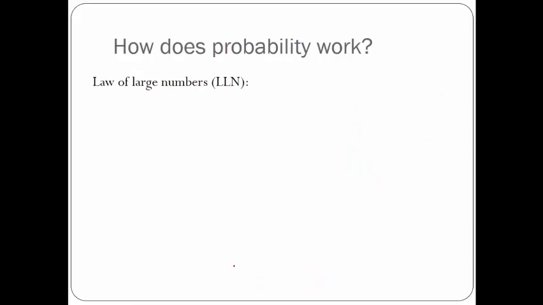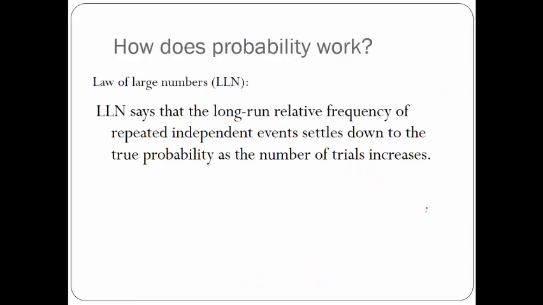But what it's telling us is that in the long run, the law of large numbers tells us these things are going to settle down to the true probability, the relative frequency of repeated events. We keep flipping and flipping, even though there could be runs in there, a bunch of heads or a bunch of tails.